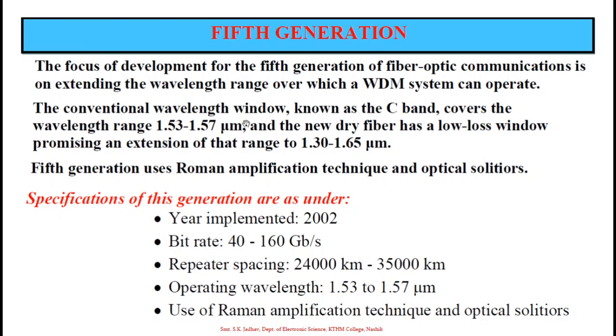The conventional wavelength window, known as the C-band, covers the wavelength range from 1.53 micrometer up to 1.57 micrometer, and the new dry fiber has a low loss window promising an extension of that range from 1.30 micrometer up to 1.65 micrometer.